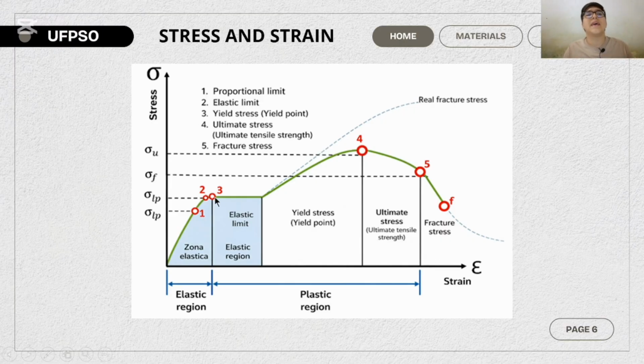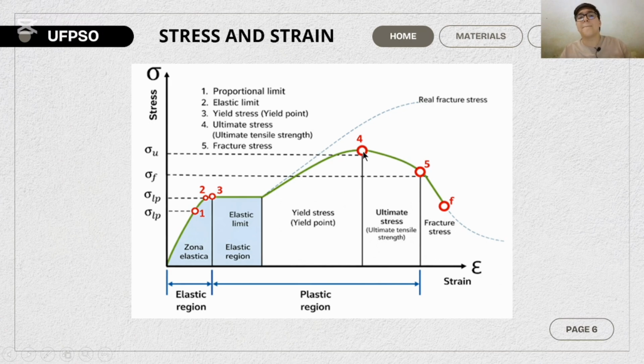Point 3. The yield point, which is the point where the deformation of the material begins to become permanent. There are an upper yield point and a lower yield point.